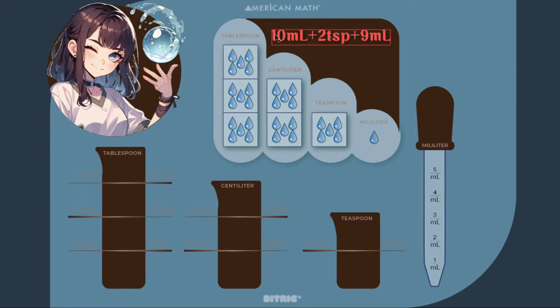All right, so we're gonna have a quick review again. We have our milliliters, teaspoons, centiliters, and tablespoons, each with their corresponding amounts of milliliters. 15 milliliters inside of a tablespoon, 10 milliliters in a centiliter, 5 milliliters in a teaspoon, and 1 milliliter in a milliliter dropper. Our milliliters go here inside of the dropper that will fill up. Teaspoons go here, centiliters go here, tablespoons go here.